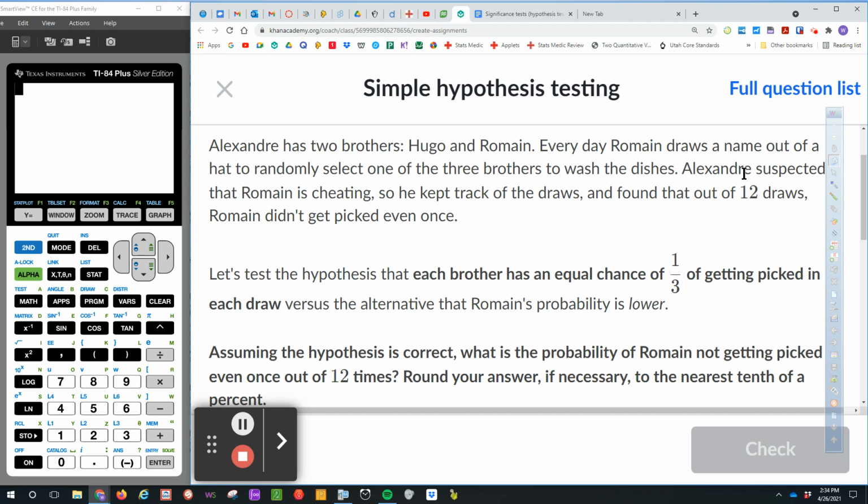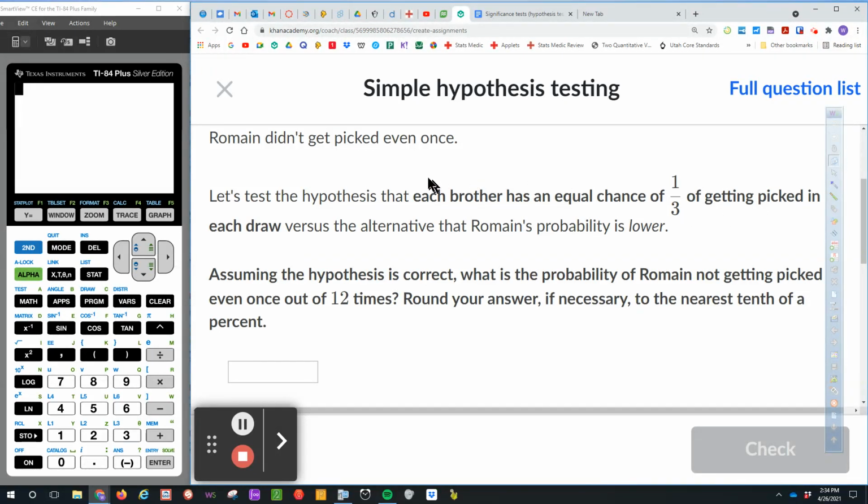That sounds really suspicious. So let's test the hypothesis that each brother has an equal chance of one third of getting picked in each draw versus the alternative that Romain's probability is lower. Because if everyone has an equal chance of being selected, it has to be one over three, right?